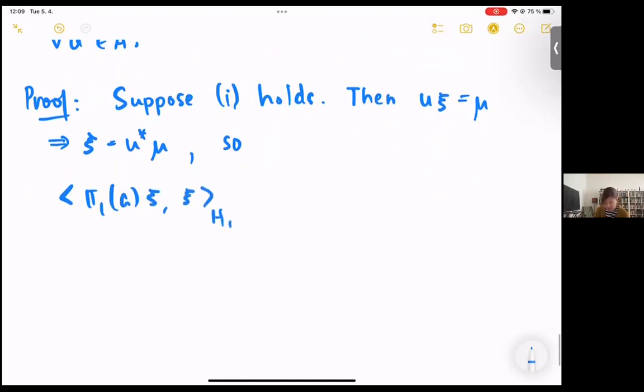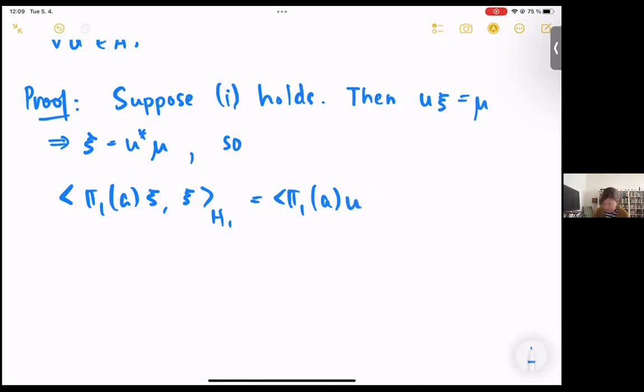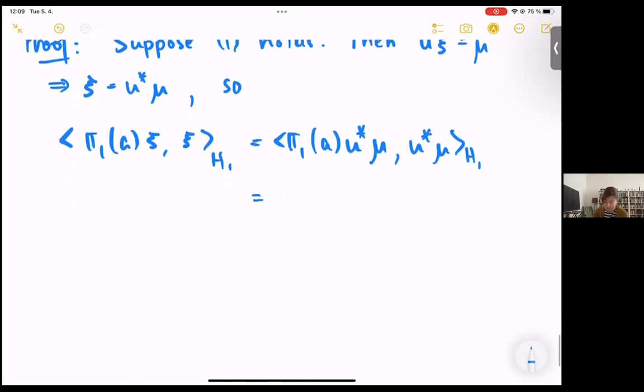So we want to show this is the same as pi 2 of a mu inner product mu. Well, whoops, that should be a u, not a mu. I made a bad choice of notation here, u and mu. Okay, so we can move this u star over to the other side.